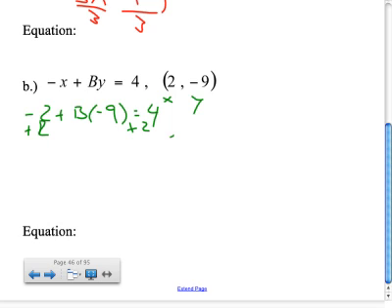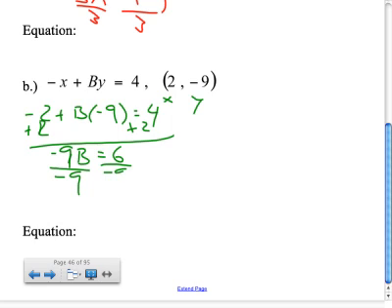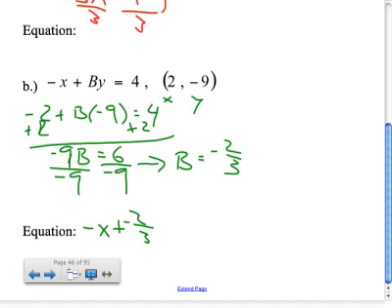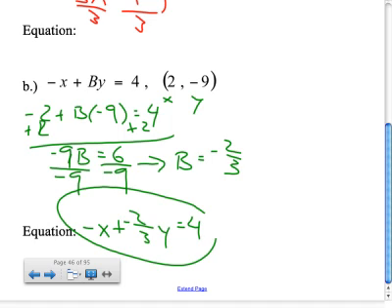So you get -9b equals 6. Divide both sides by -9. So that says that b equals -2/3. And so the final equation is -x plus -2/3 y equals 4. And we'll just leave it like that. It just says solve for b and plug it back in.